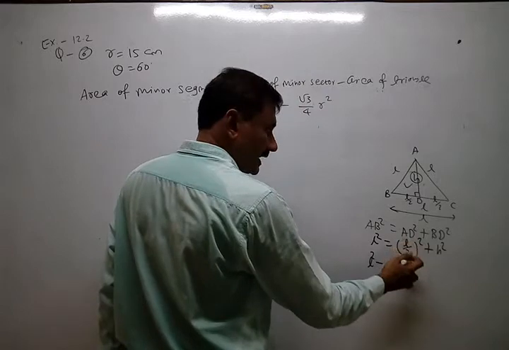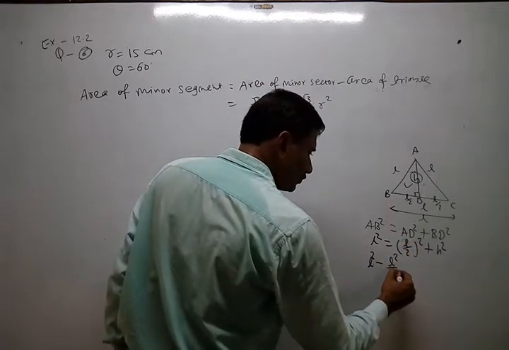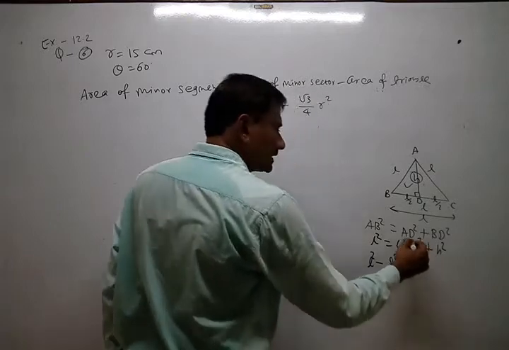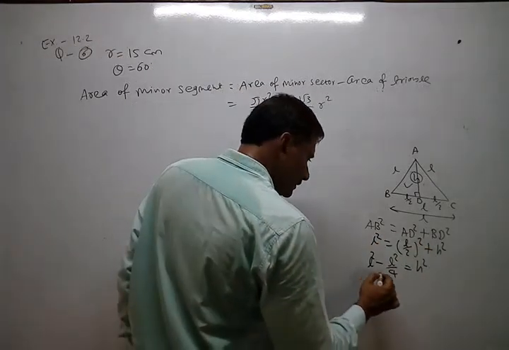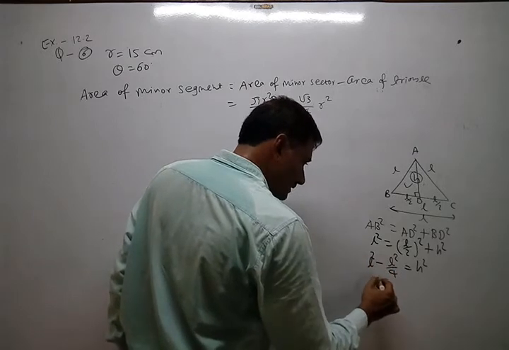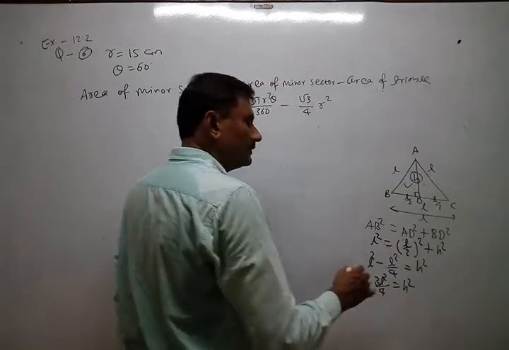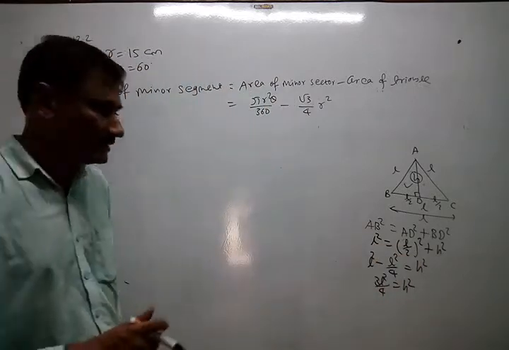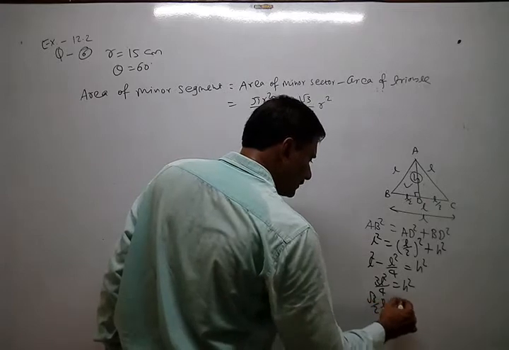Now it is L square, and this will be L square upon 4. I just shift it here. Making common denominator, 4 L square minus L square, so 3L square upon 4. But we want h, not h square. So take root: root 3 by 2 L is equal to h.